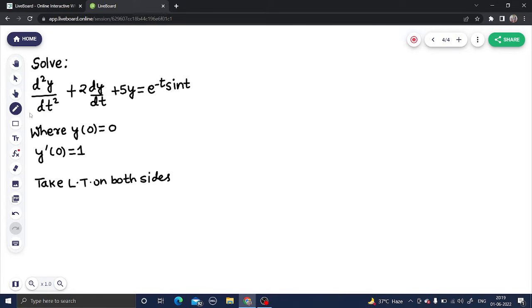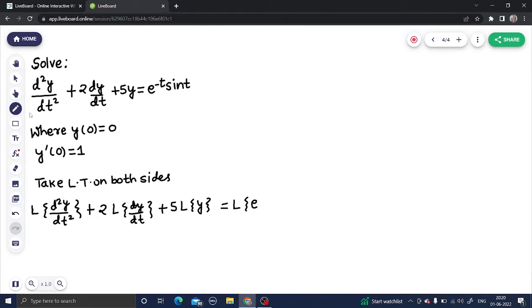what you will get? You will get Laplace of d²y by dt² plus two times Laplace of dy by dt plus 5 times Laplace of y equals to Laplace of e power minus t sin t.